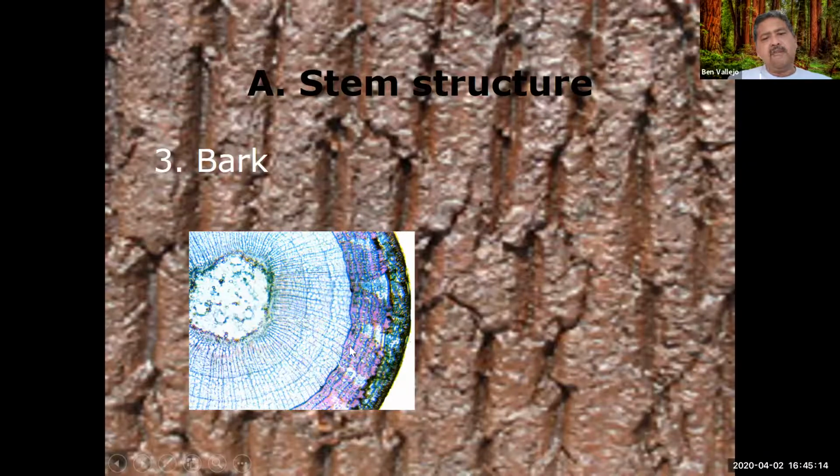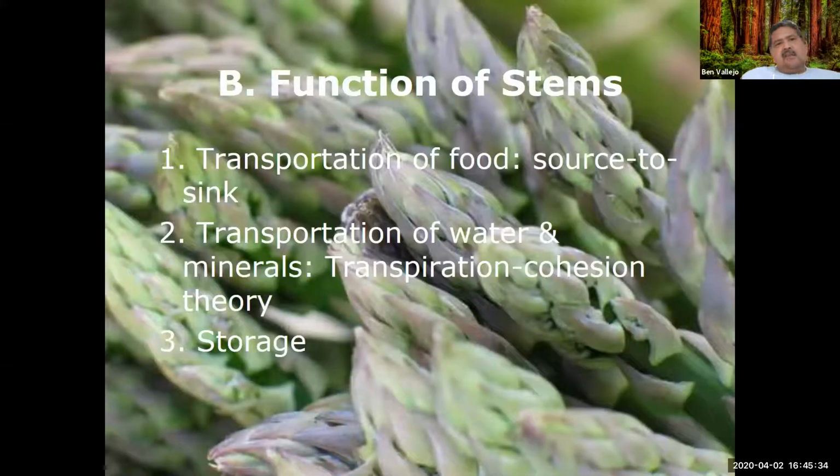Phloem gets crushed every year though, so this is this year's phloem. But xylem actually stays every year. So this is last year's xylem. This is the year before xylem. This is the year before that, and that's why again you can count the rings on a tree and figure out how old it was.